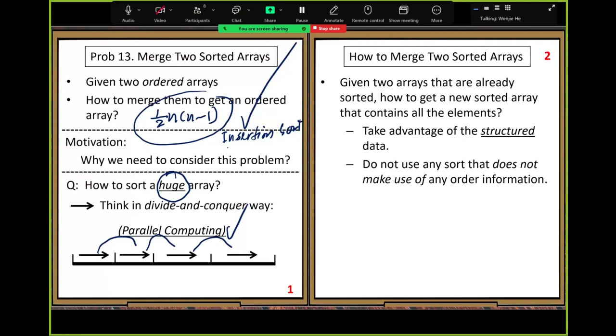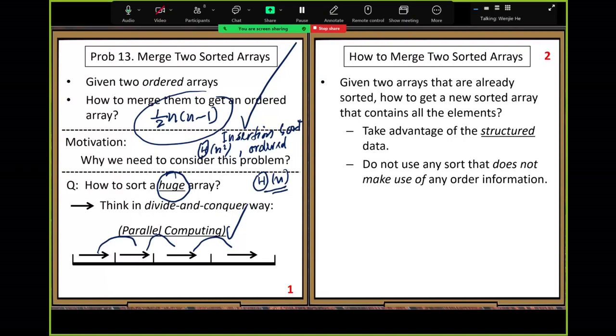Okay? If the data is arbitrary data, you get a big theta of n squared, right? If for ordered data, you get a big theta of n. Is it much faster?